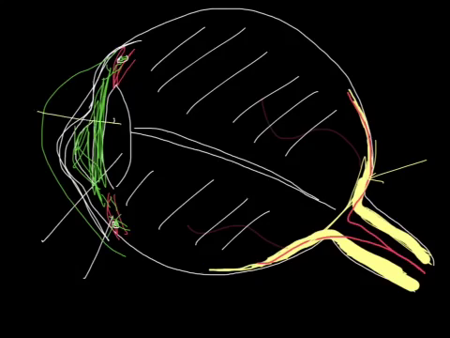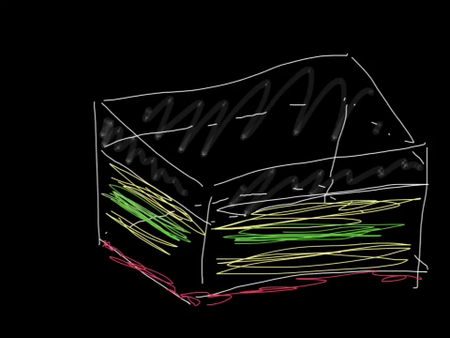The light passes through the lens, focuses on the retina, and the signal passes to the brain through the optic nerve. So basically we're going to put together everything we've been doing so far, and what we end up with is this is the retina and this is the vitreous body.